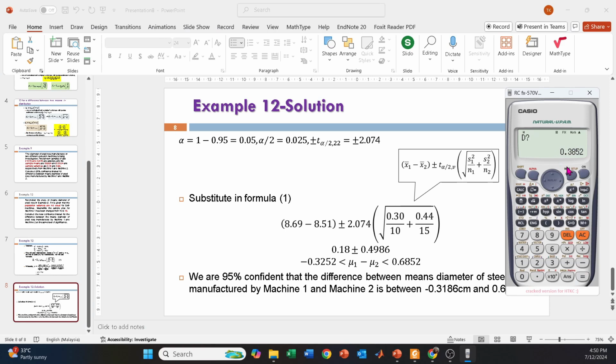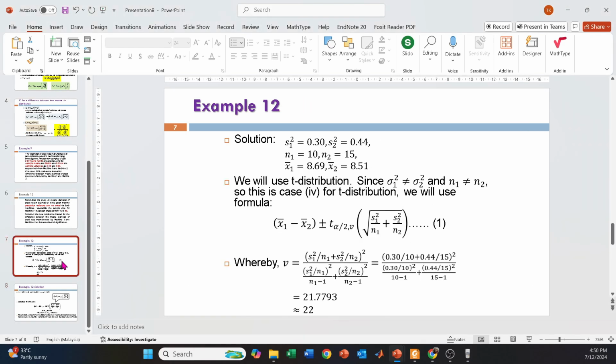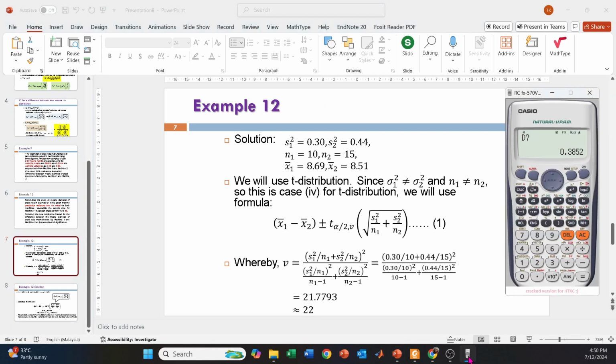D, this is the previous pooled estimated variance. Then we got to replace it now, because both population variances are not the same, we replace D by the population variance, which is 0.3.